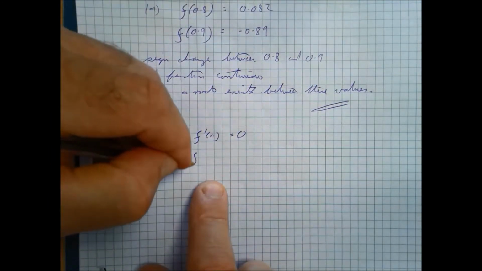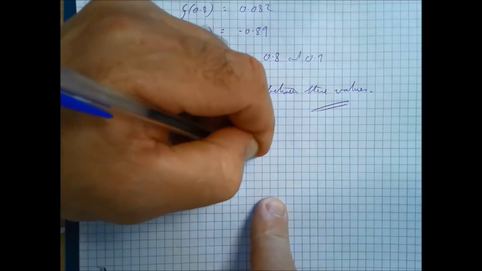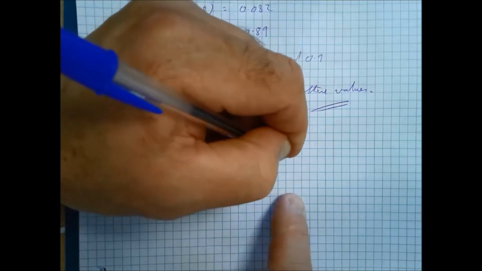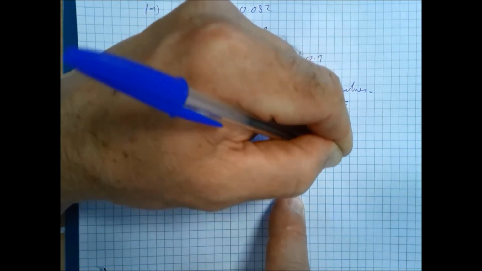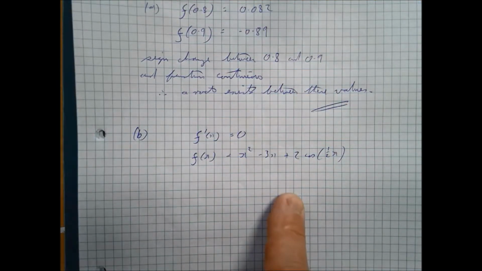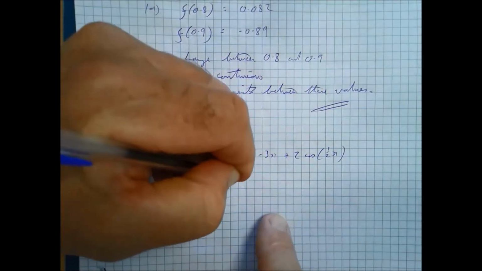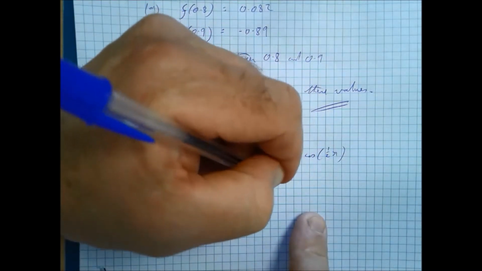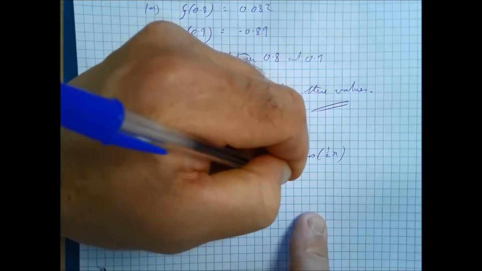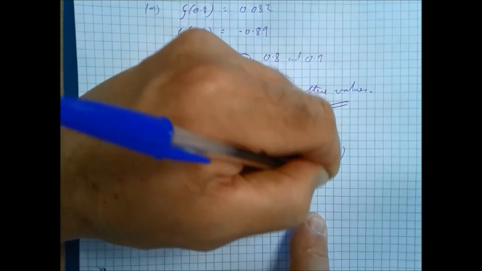Okay, so f of x equals x squared minus 3x plus 2 cos half x, and f dash x equals 2x minus 3, and we're going to be applying chain rule there, minus sine half x.